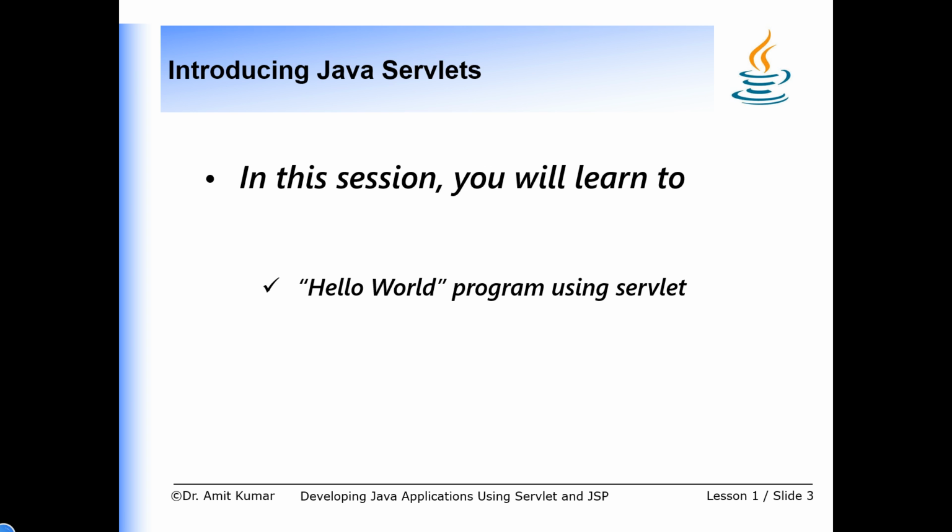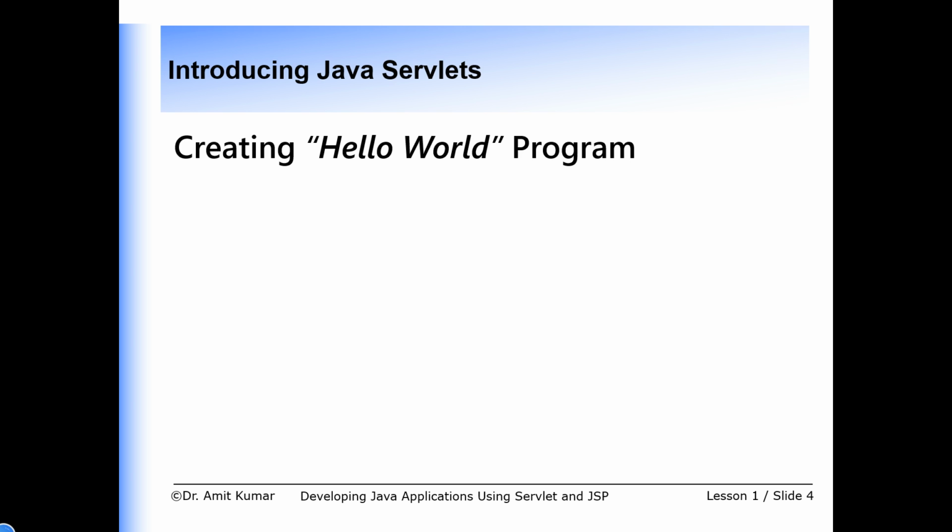In the previous sessions, we have already installed Eclipse IDE, installed and configured Apache Tomcat in Eclipse IDE, and fixed the problem if the dynamic web project is not displayed in Eclipse. So we are ready to create the first program in Eclipse.